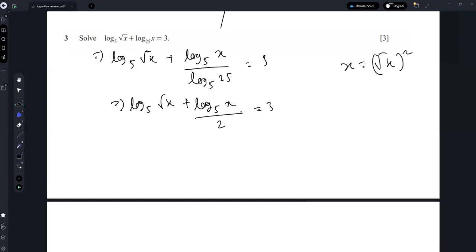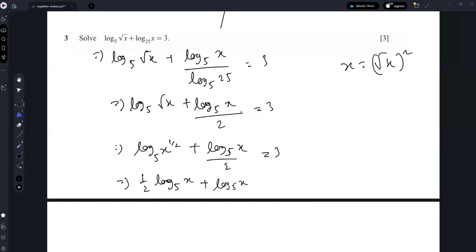Otherwise, we can do the following. I can say x to the power half can be put together at the front, to get half log base 5 of x plus log base 5 of x divided by 2 equals 3.